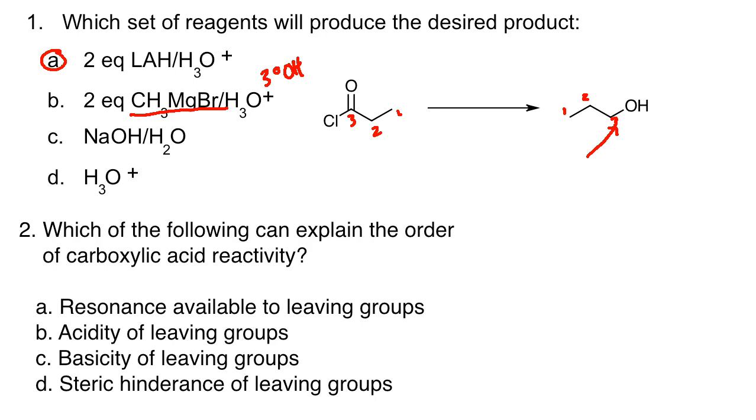So this has been reduced without any additional carbon adding, which is what the Grignard would do. Okay, NaOH and H2O and H3O+, both of those are aqueous conditions that would revert the acid chloride back to a carboxylic acid. So what I likely would have ended up with there is something that looks like this instead. Okay, so A was the correct answer in that set.